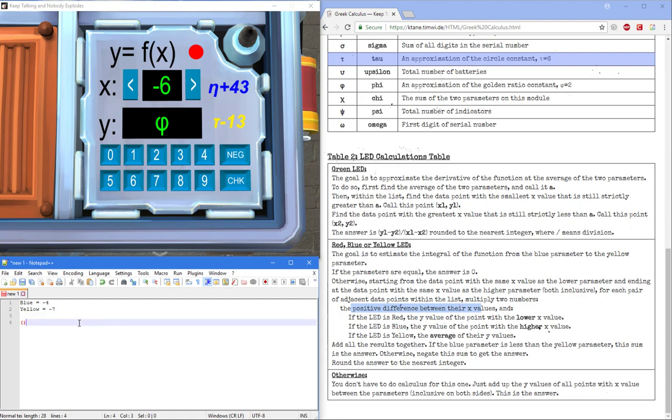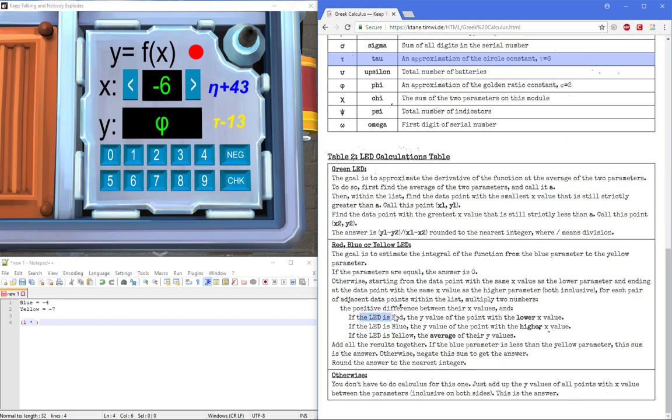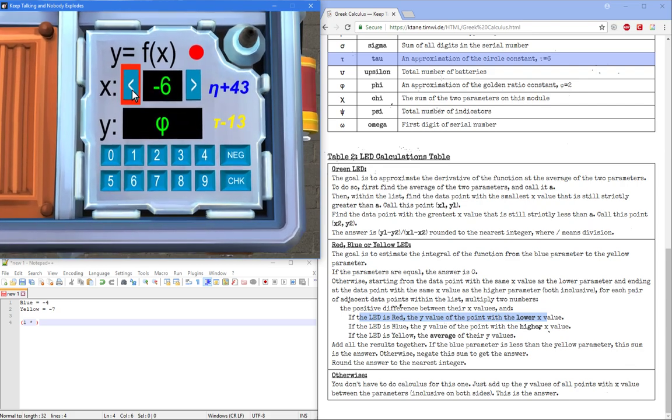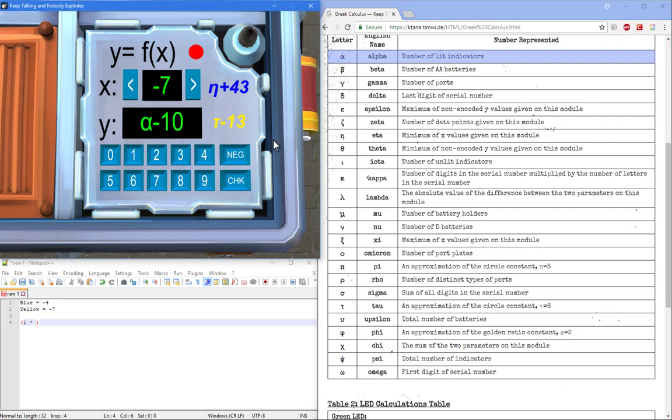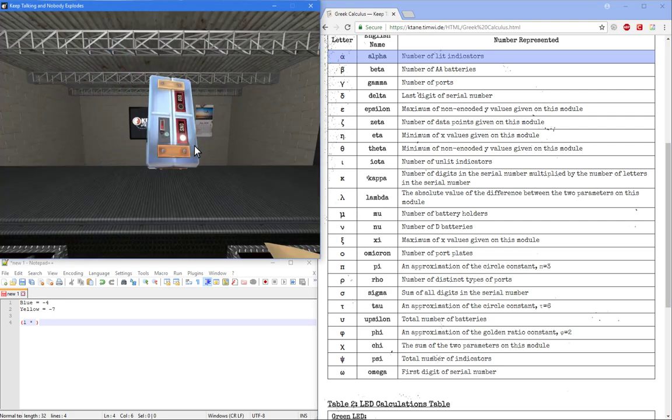So we have to multiply 1 times, if the LED is red, the value of the point with the lower x value. The lower of the two x values here is negative 7. And so we would take alpha minus 10.